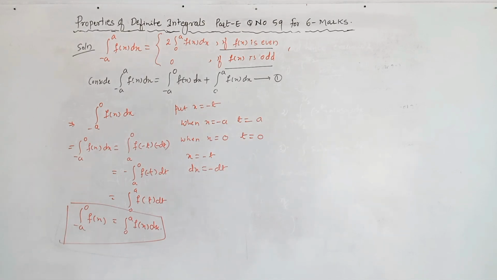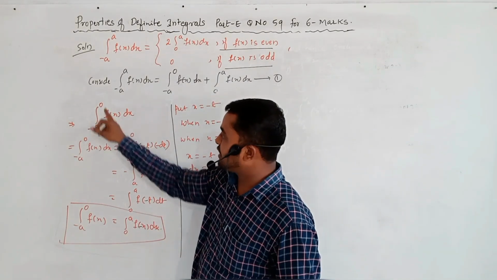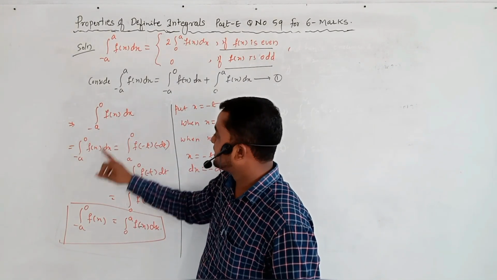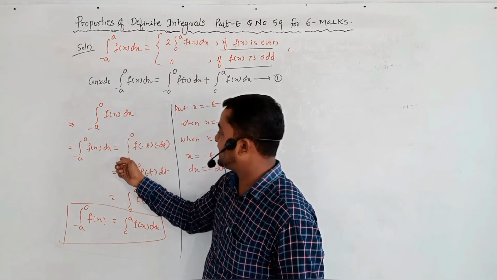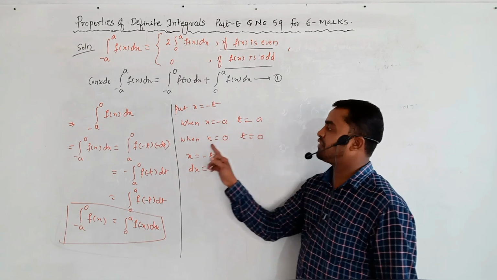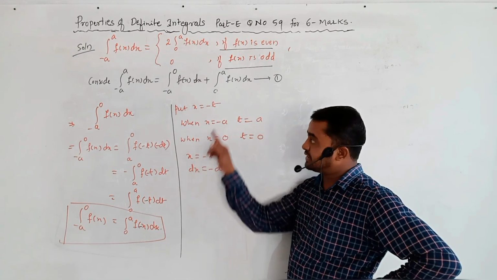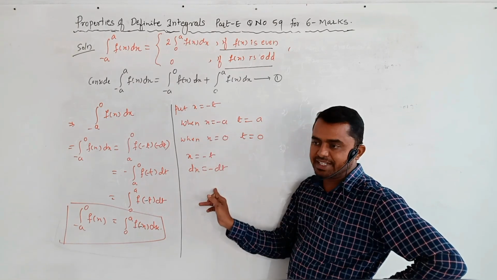See here, minus a to 0 f of x dx we are taking. Put x is equal to minus t. Now when x is equal to minus a, t is equal to a. When x is equal to 0, t is equal to 0. Then dx is equal to minus dt.